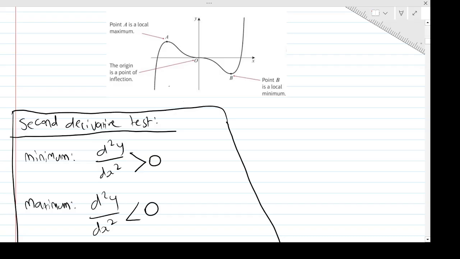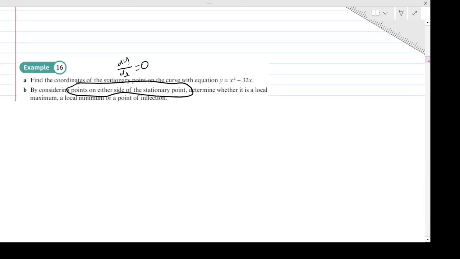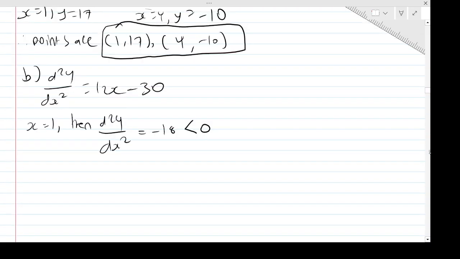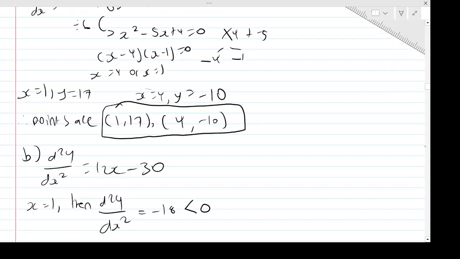But in this question, the second derivative was negative, so it has to be a maximum. So the point 1, 17 is a local maximum.